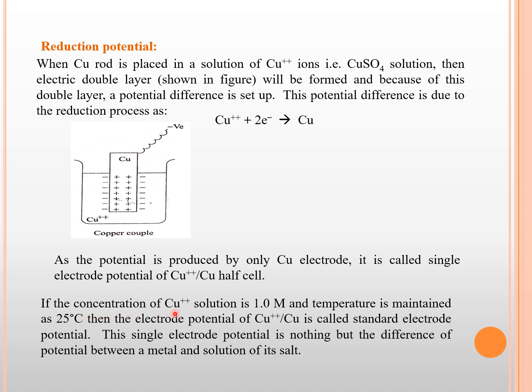Now, if the concentration of copper dipositive solution is maintained at 1.0 molar and temperature maintained at 25 degrees centigrade, then the electrode potential of copper dipositive ion in equilibrium with copper is called the standard electrode potential. This single electrode potential is nothing but the difference of potential between the metal and the solution of its salt.